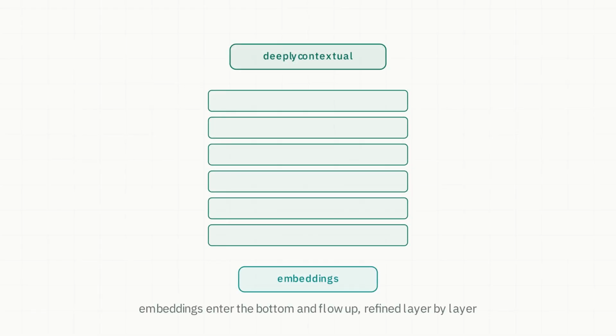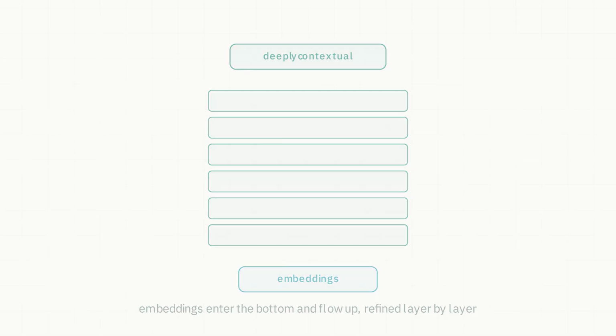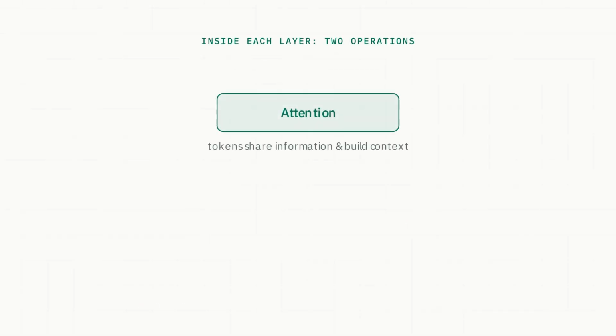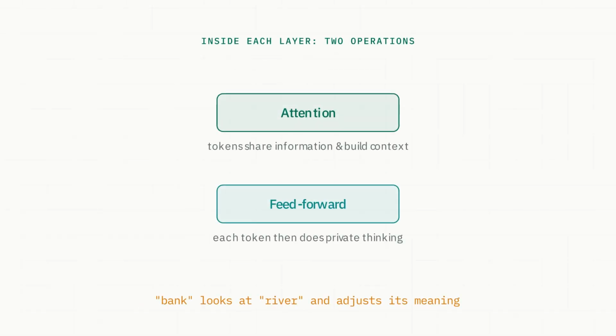The embeddings enter at the bottom and they flow upward, passing through layer after layer, sometimes dozens, sometimes over 100 of them. At each layer, the representation of every token gets refined a little, enriched, updated. By the time the sequence reaches the top, each token's vector has been transformed from its plain starting meaning into something deeply contextual. And inside each of those layers sit two main operations, working in turn.